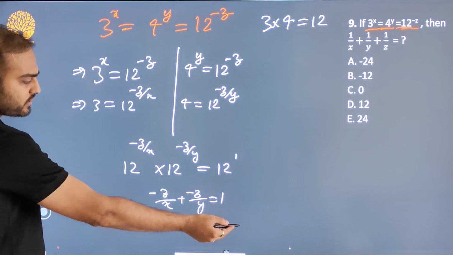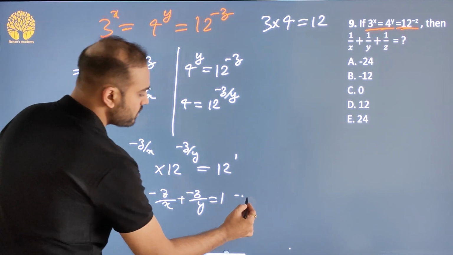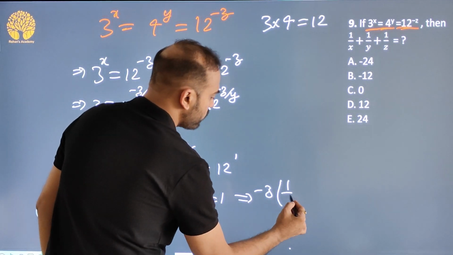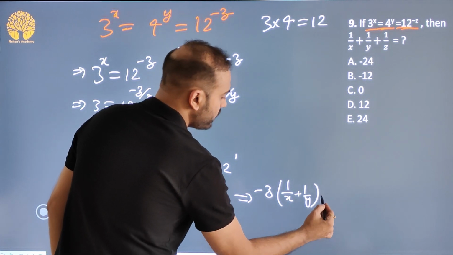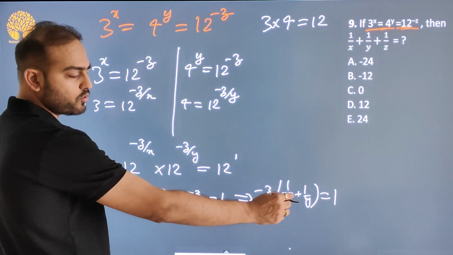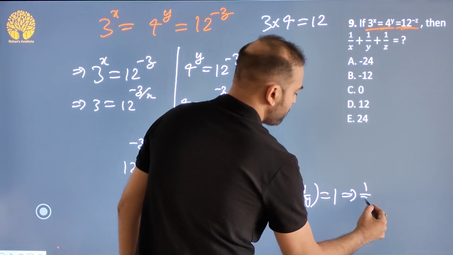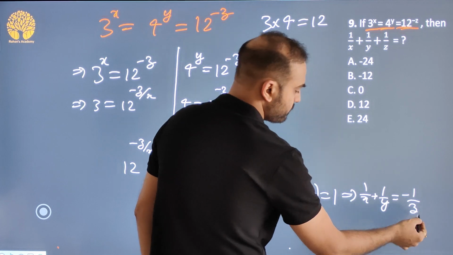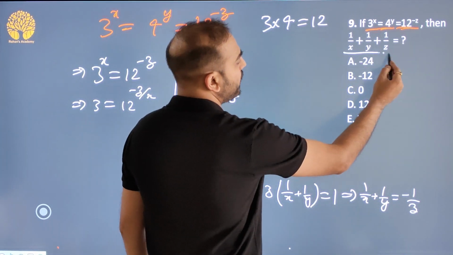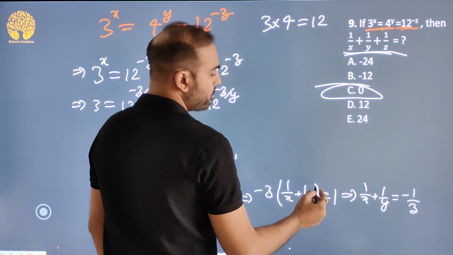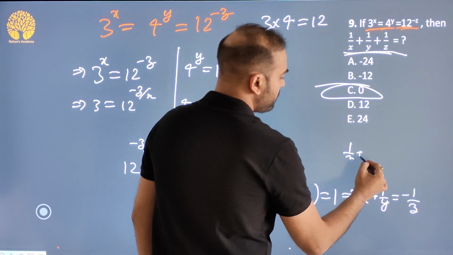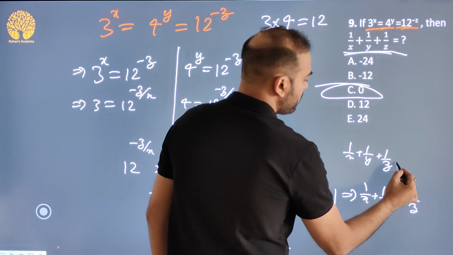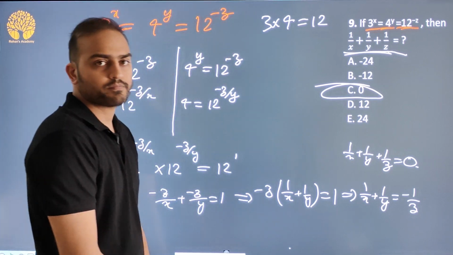You can take minus z common: 1 over x plus 1 over y is 1. Z can go to the other side. 1 by x plus 1 by y is minus 1 by z. Comes here, 1 by x plus 1 by y plus 1 by z is equal to 0.